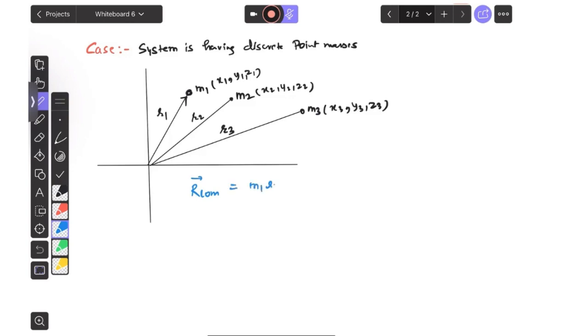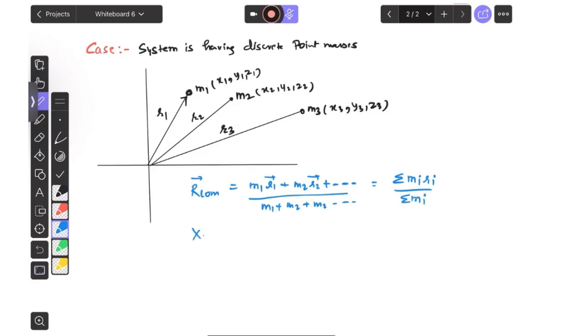write down M1 R1 plus M2 R2 and so on, divided by M1 plus M2 and so on, that we have seen already. Basically we could write it in summation format as summation of Mi Ri by summation of Mi.